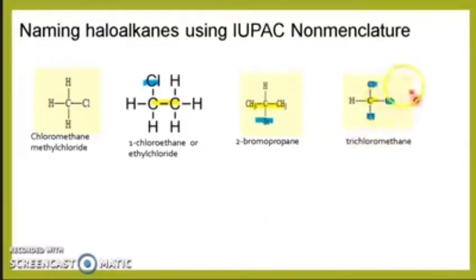Now there's no need to number because we only have 1 carbon atom, but in this example, as you can see, we have 2 carbon atoms, and that's why we have to give each branch a number. The 3 are connected to the first carbon, and therefore each branch will receive the number 1, and the name would be 1,1,1-trichloroethane.